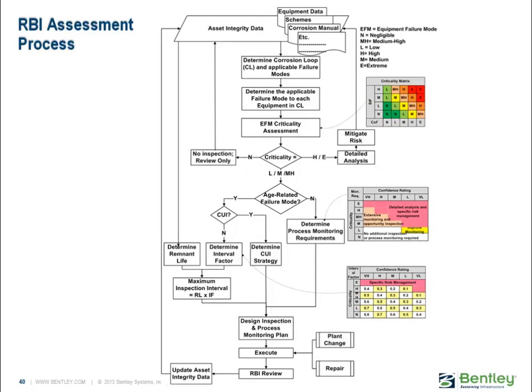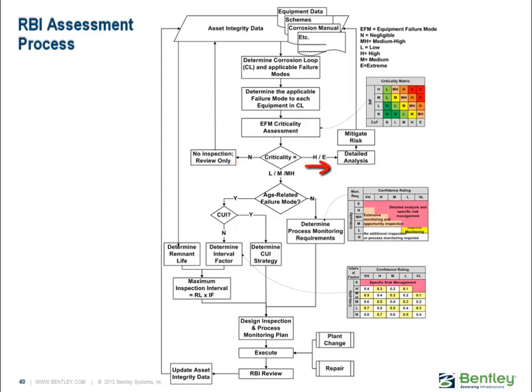Here is a summary of the RBI assessment. The RBI assessment typically starts with collecting the asset integrity data, then defining the corrosion loop and the credible or applicable failure modes for those corrosion loops. After that, the criticality analysis is going to be carried out on those failure modes. Depending on the result of the criticality analysis, if the failure mode is not critical, no inspection is required.